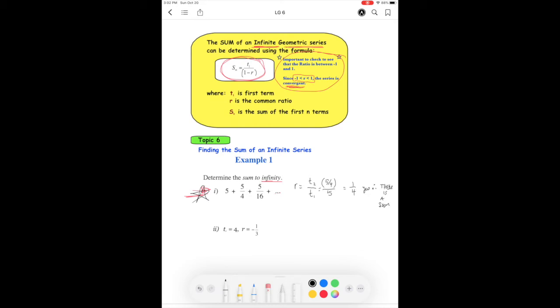If it was greater than 1 or less than -1, we would say no sum. Okay, so now let's carry on with the formula. I'm just going to write it down: the S of infinity equals T1 all over 1 minus R bracket. Okay, so what do we have here? T1 is 5 over 1 minus the ratio, which we just figured out, 1/4.